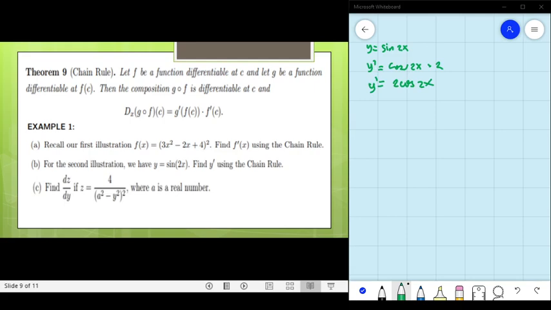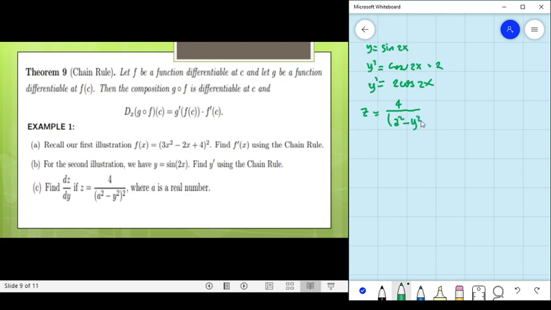Okay, next is C. Find the derivative of z with respect to y if z is equal to 4 over quantity a squared minus y squared to the second power. First thing to do is to move the denominator up, so it becomes 4 quantity a squared minus y squared to the negative 2.